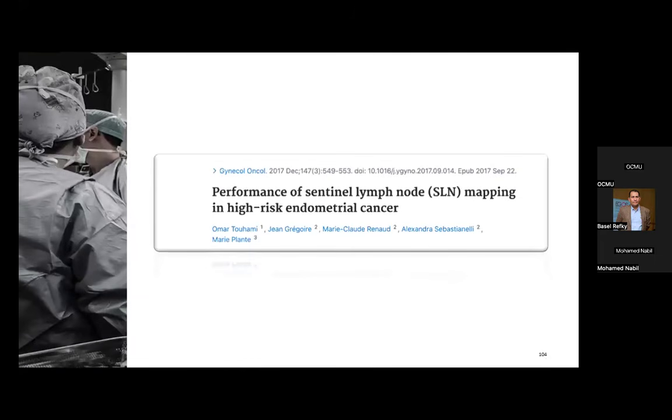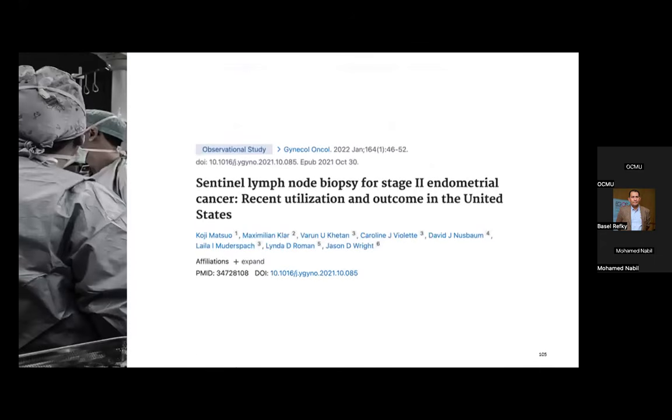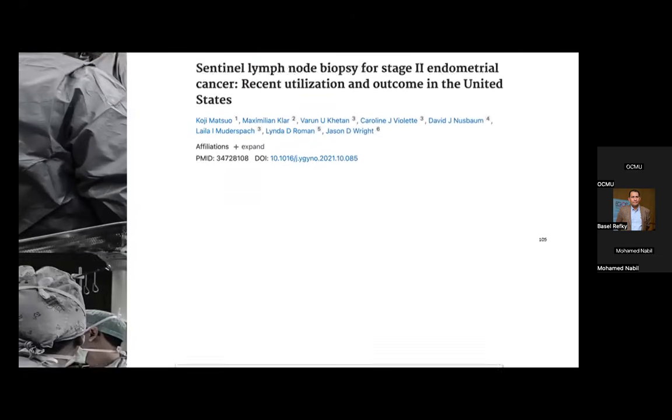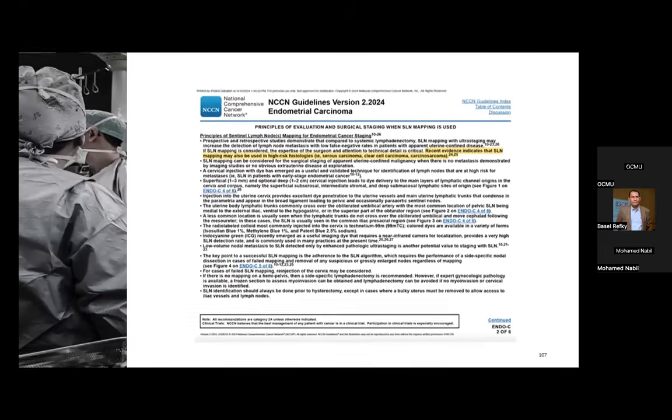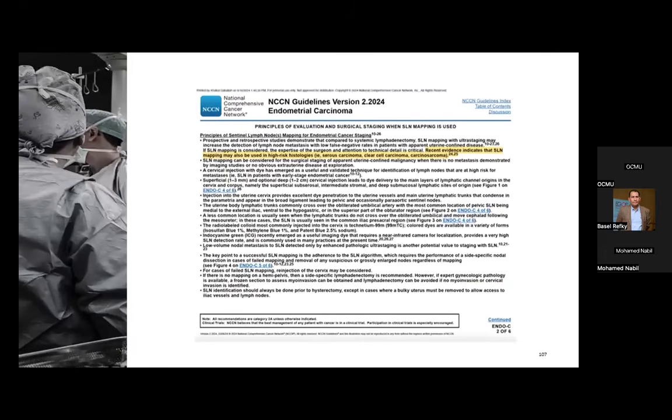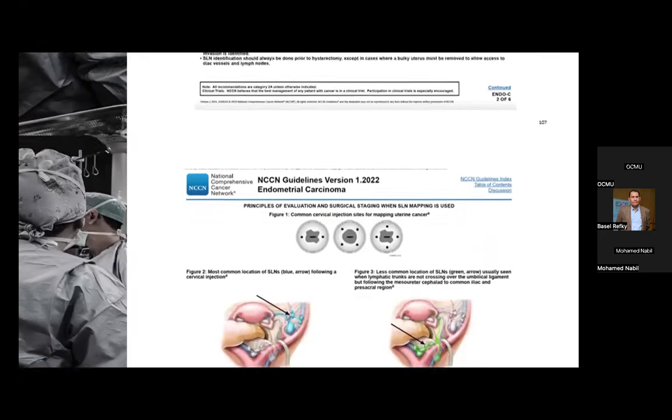Now, for the high risk group endometrial cancers, we have a number of studies speaking about the feasibility of using sentinel lymph node dissection in the high risk groups instead of doing systematic pelvic and para-aortic lymphadenectomy. Even here in the new NCCN guidelines, recent evidence indicates that sentinel lymph node mapping may also be used in high-risk histologies. As we say, in oncology we are going to much more conservative treatments for a better quality of life and better post-operative sequelae.